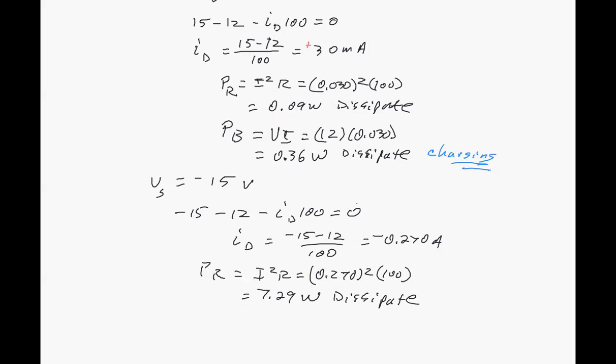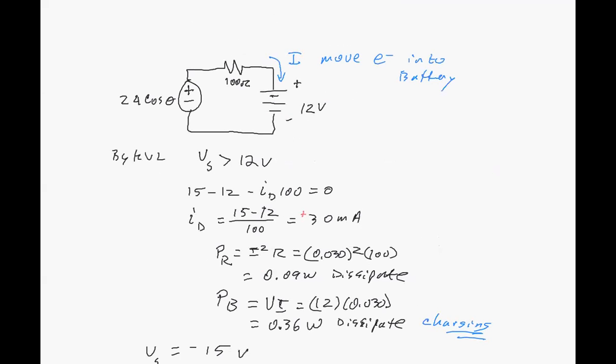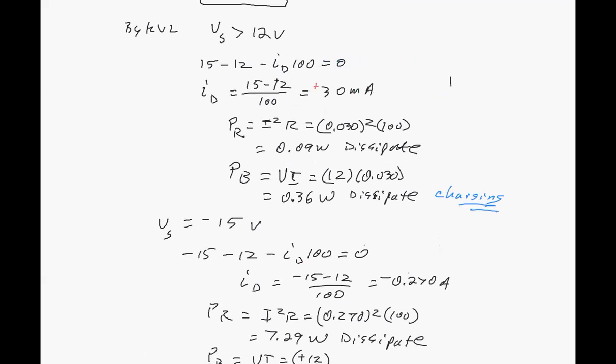But the real problem comes in the battery. So when we look at the power in the battery, again, we have to use VI. So now we've got plus 12 volts, because that's still the voltage on the battery, right? The battery will always have 12 volts on it. I mean, it'll change gradually, but it's always going to have some kind of positive voltage. It better not have a negative voltage on it.